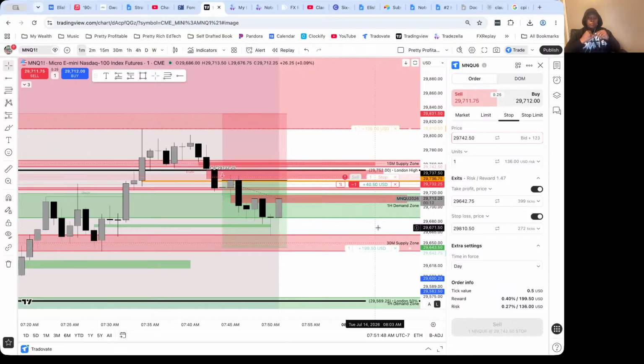And my take profit is in a lower time frame supply zone, but it's already been broken before, so price definitely can go there. It's trying to go up.